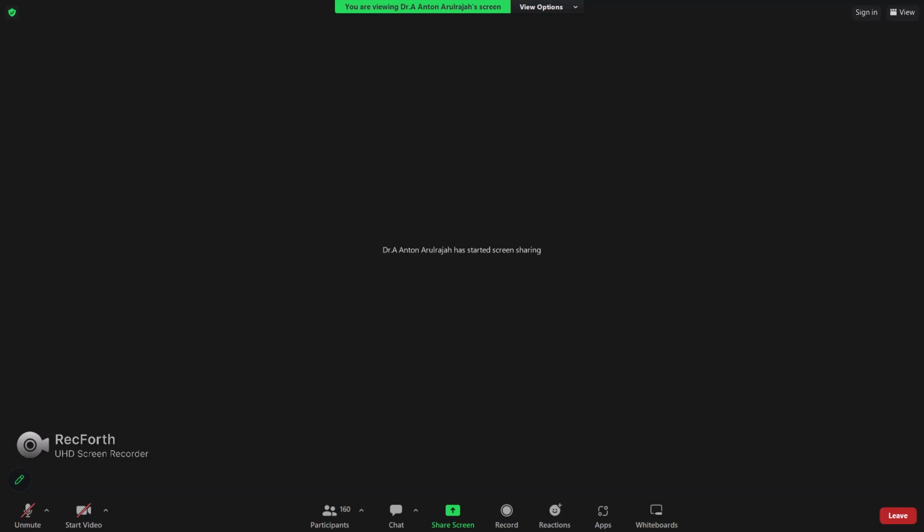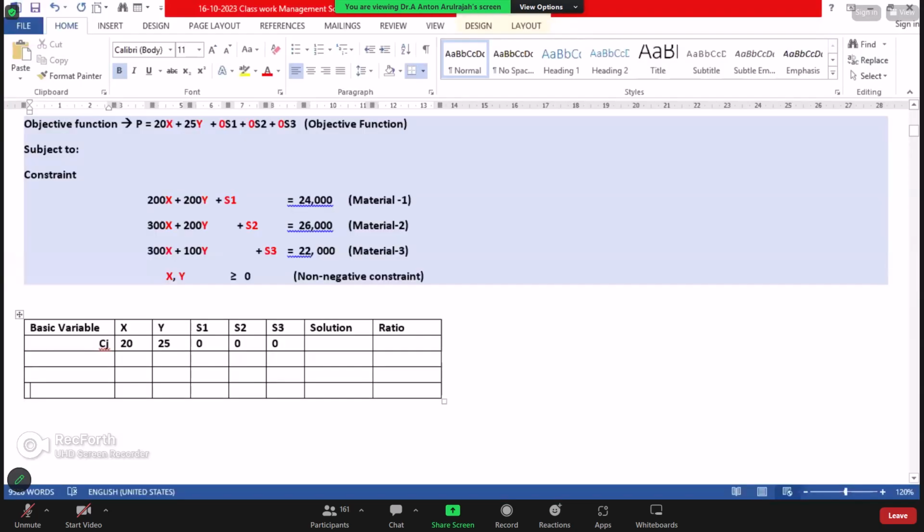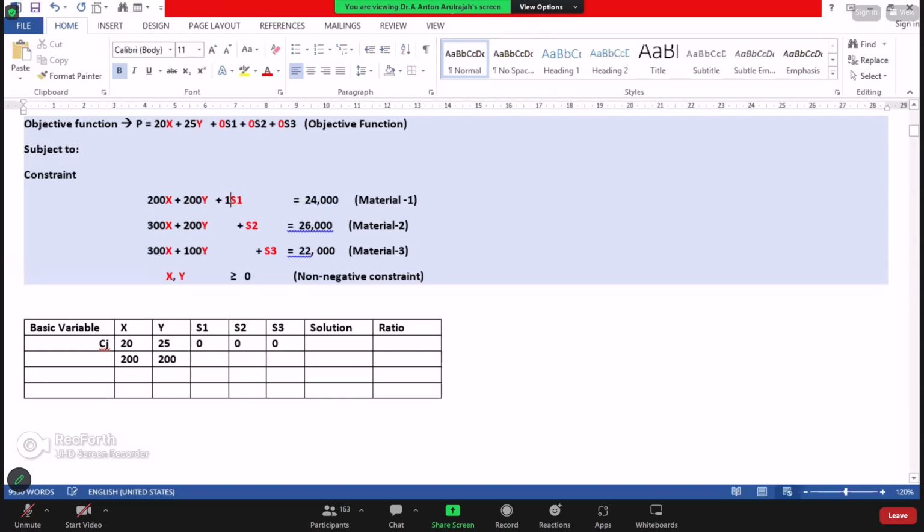Resources. First material, requirement is 200. For S1 there is a coefficient of 1, but we are not putting it here.